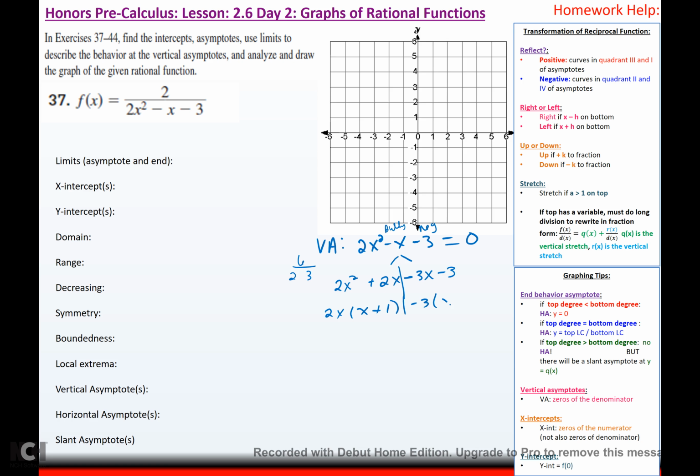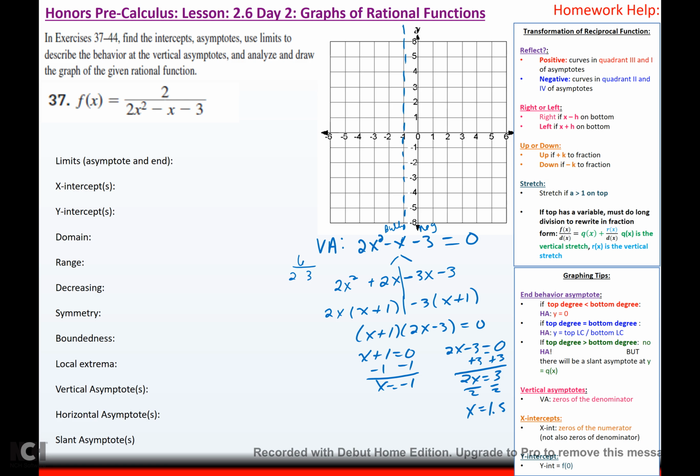GCF by negative 3 leaves x plus 1. GCF again by x plus 1 leaves 2x minus 3. That gives me x equals negative 1. And add 3, 2x equals 3, divide by 2, x equals 3 halves, which is 1.5. So I'm going to have a vertical asymptote at negative 1 and at 1.5.